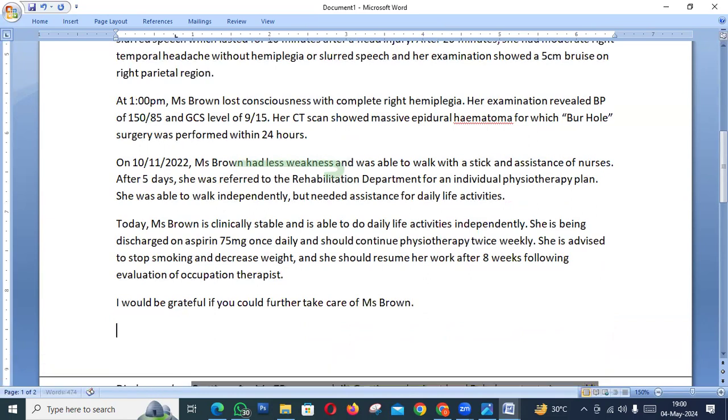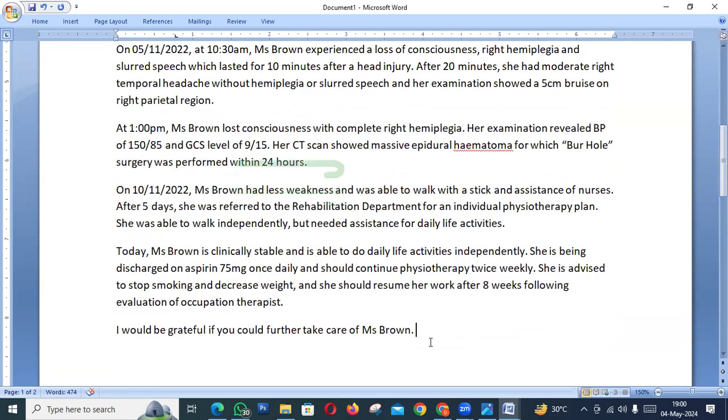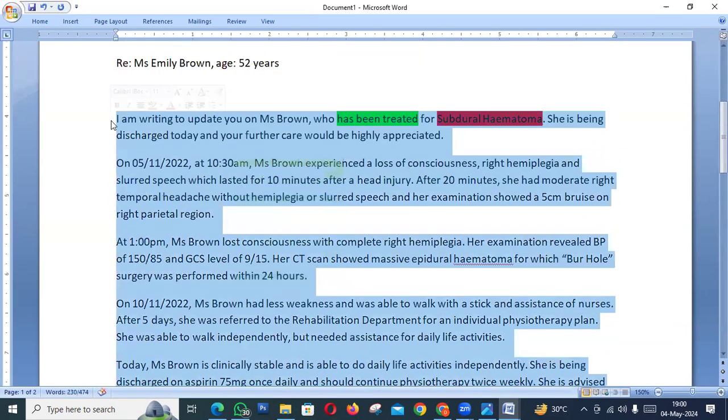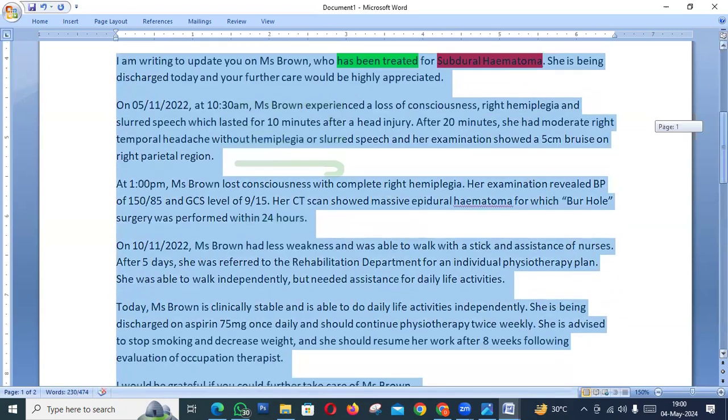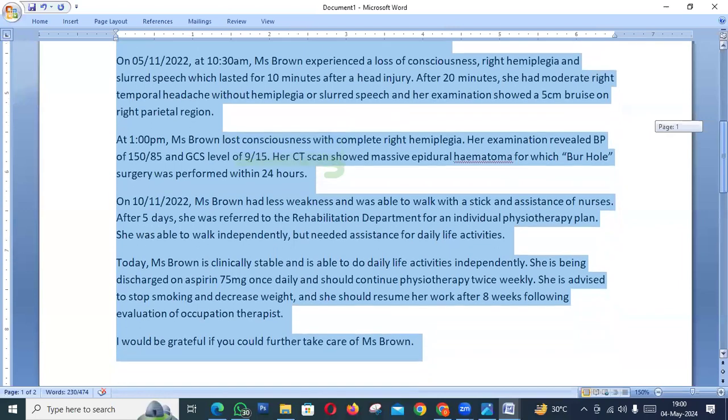Okay. Yes, you can do like this. 230. Even though we have tried to make it concise, it is still 230.